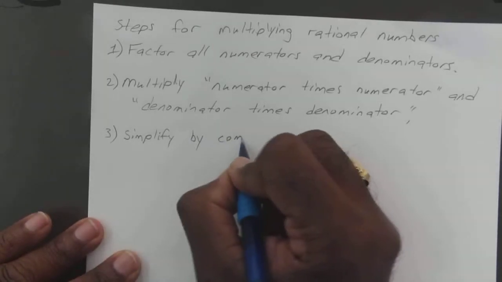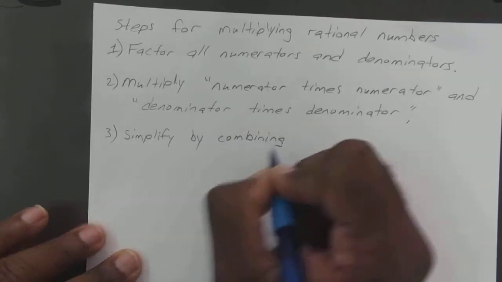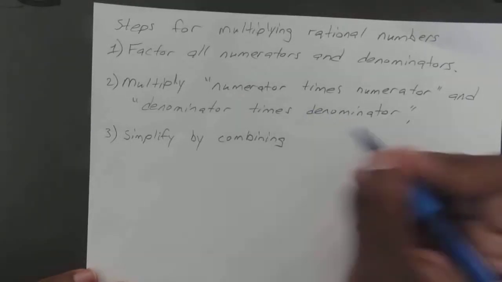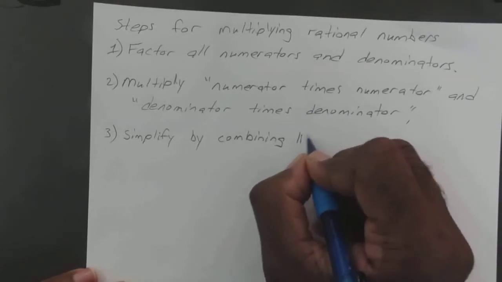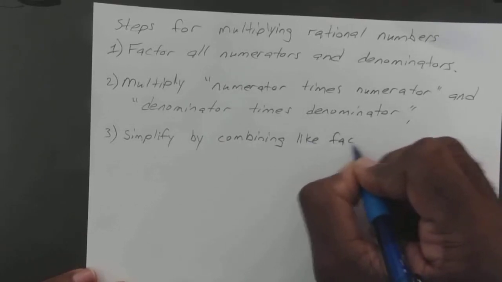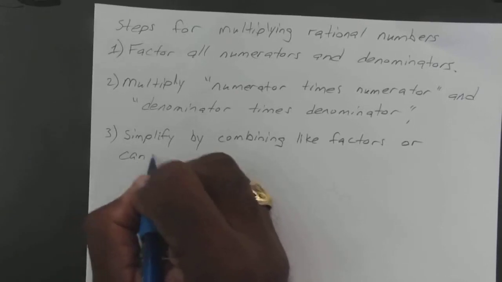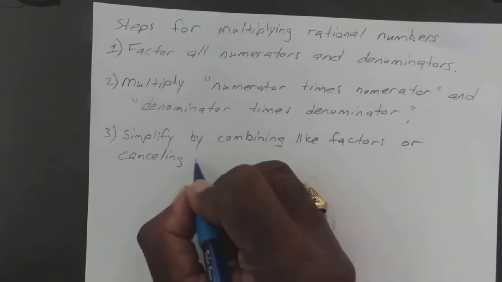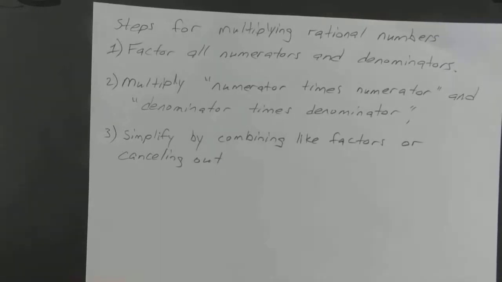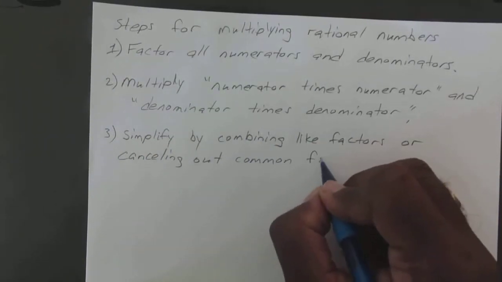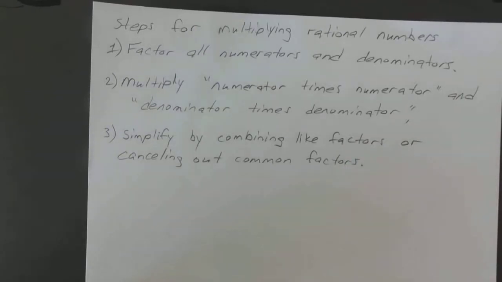So simplify by combining like terms. That means if you have a 2 up top and a 3 up top, you can just multiply them together to get 6. Or if you have an x and another x that won't cancel out, you can just make them x squared, depending on the problem. Or canceling out common factors.